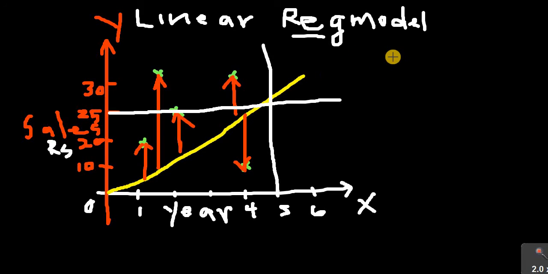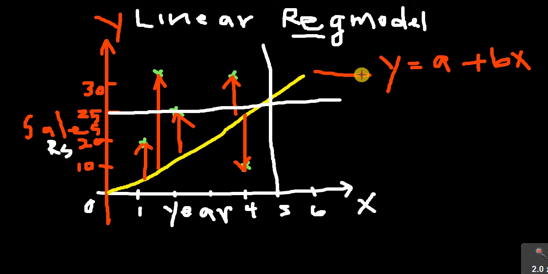So mathematically we can write y equals a plus b into x. This is a straight line.